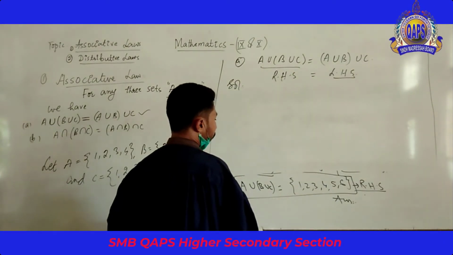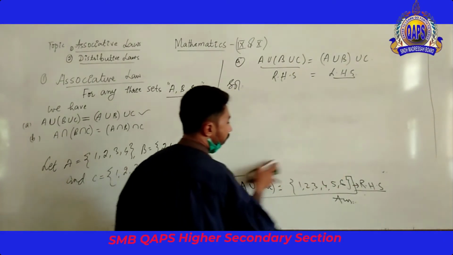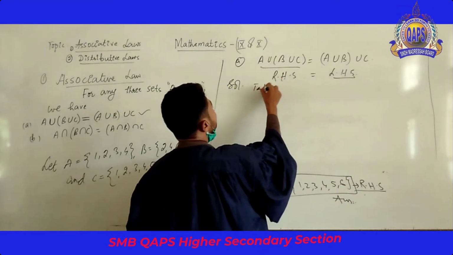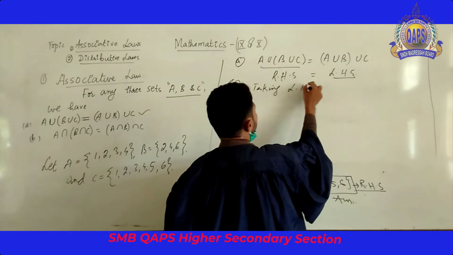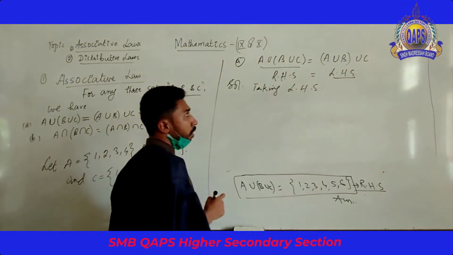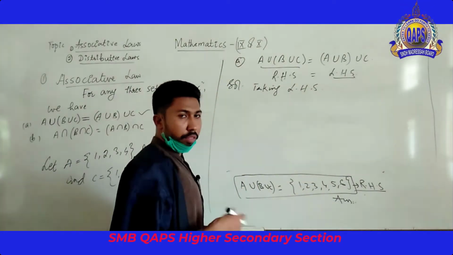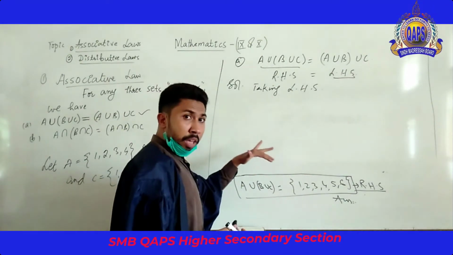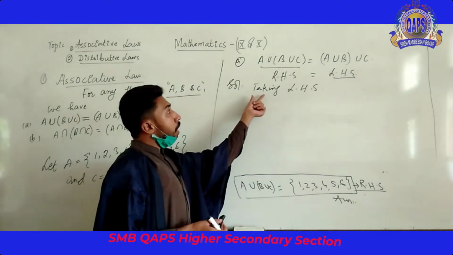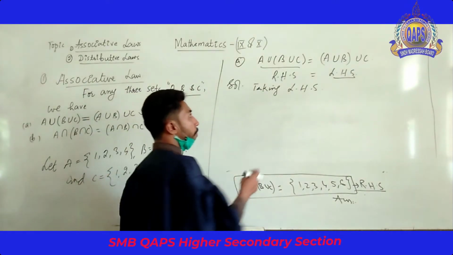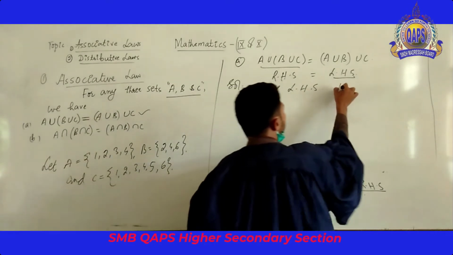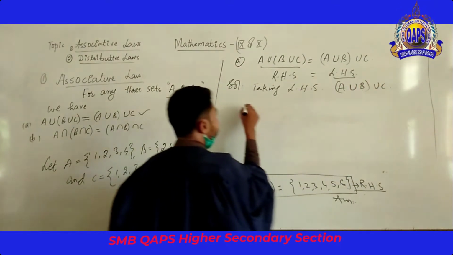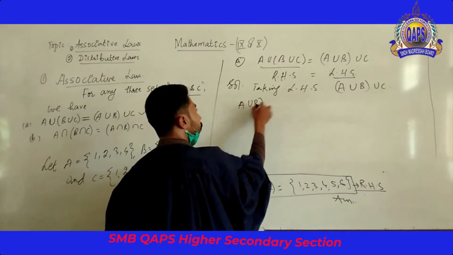First of all we prove the right hand side, and after that we solve by taking the left hand side. Left hand side, which condition? A union B union C. So first of all we prove A union B union C.